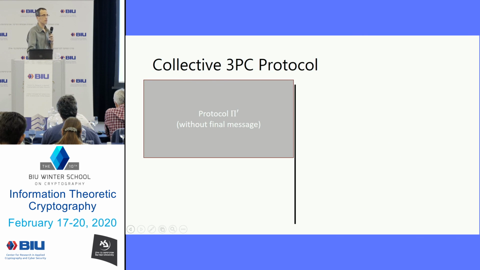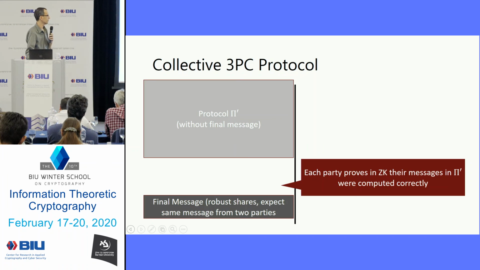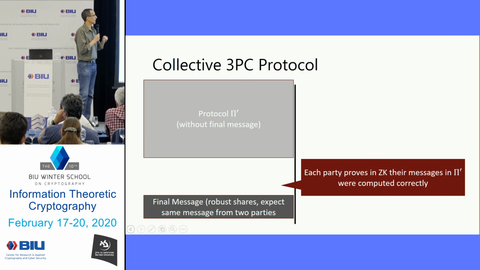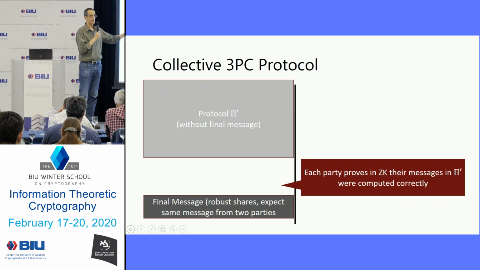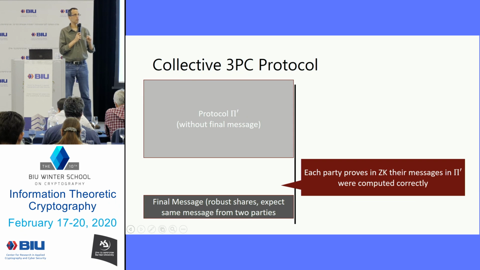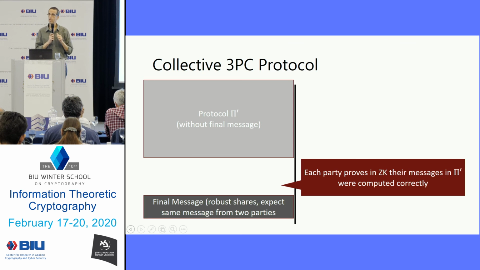So here's the way our 3 PC protocols work. First, there's semi-honest protocol. Then each party proves in zero knowledge that their messages were correct, and proves it in zero knowledge and very low communication.